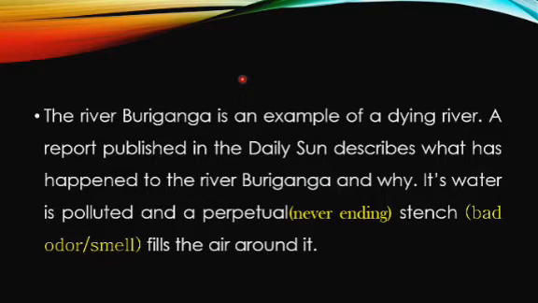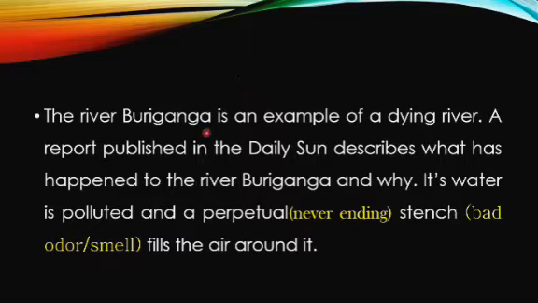We all know about this, that the river Buriganga is considered to be a dying river as there are no symbol or sign of living animals, fish or other animals in the river water. A report published in the Daily Sun describes what has happened to the river Buriganga and why.